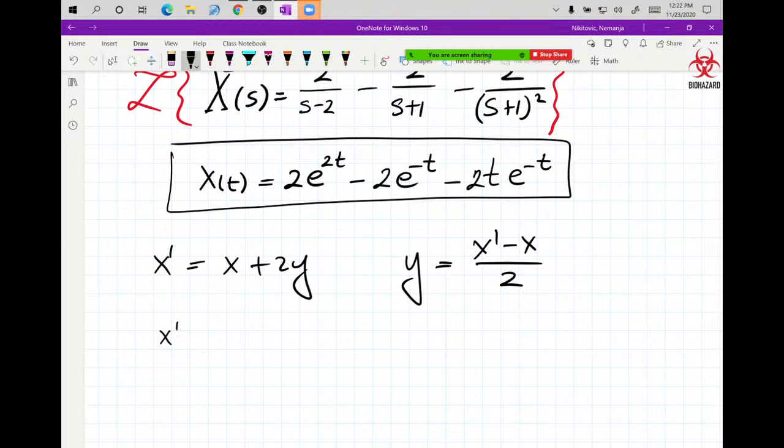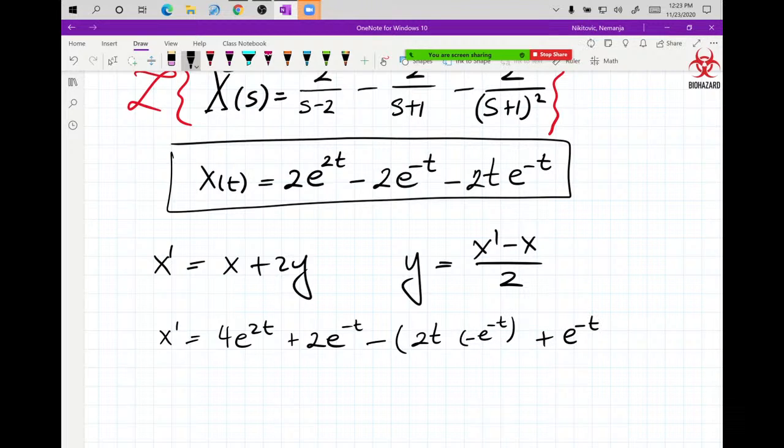So x prime is 4e to the 2t plus 2e to the negative t. And now you have to do the product rule over here. So minus, product rule is copy the first one, take derivative of the second one, plus copy the second one and take derivative of the first one.